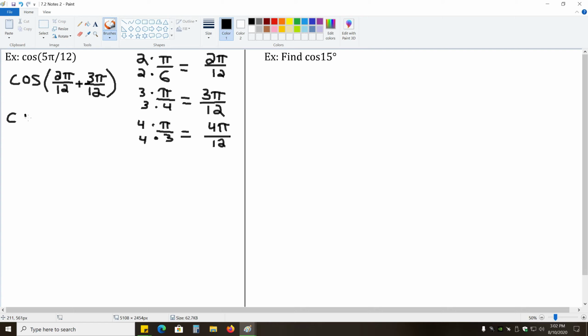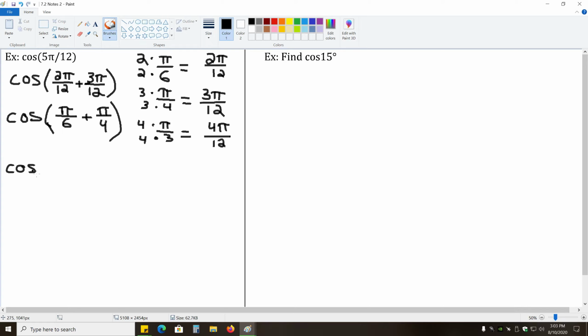Which means, simplifying this is really cosine of pi over 6 plus pi over 4. And now that we have it rewritten like this, we can apply the sum identity for cosine.